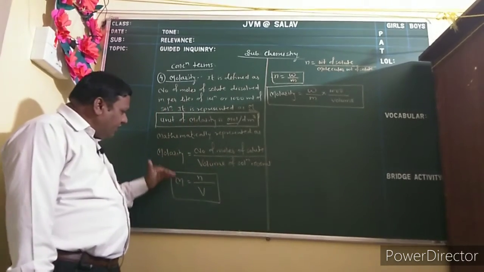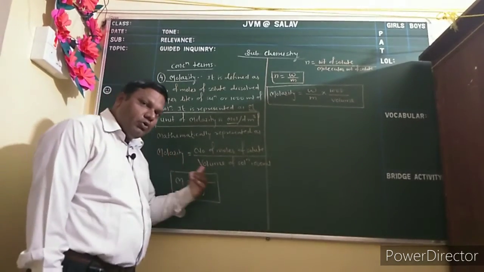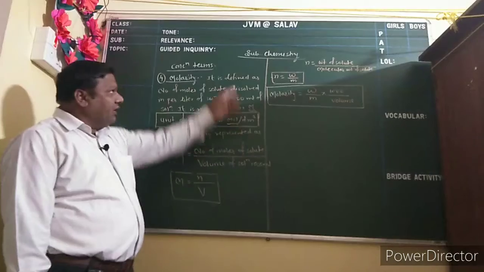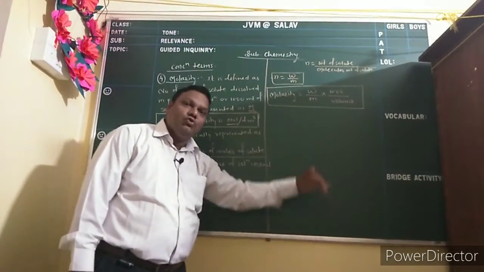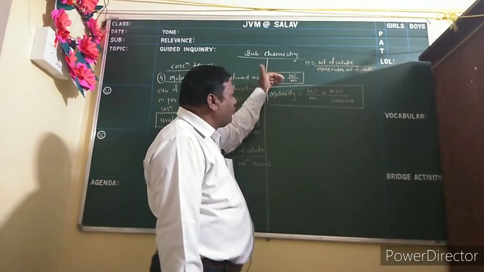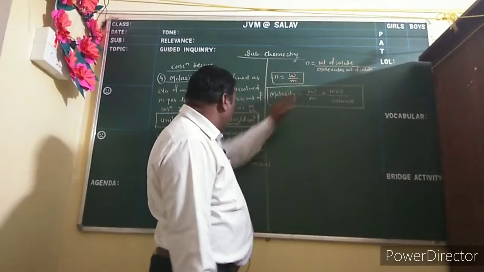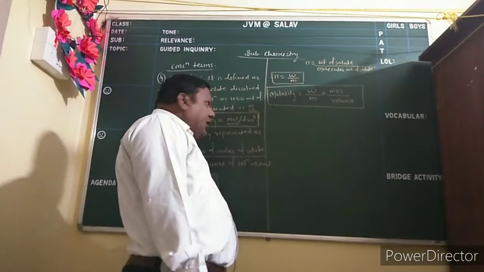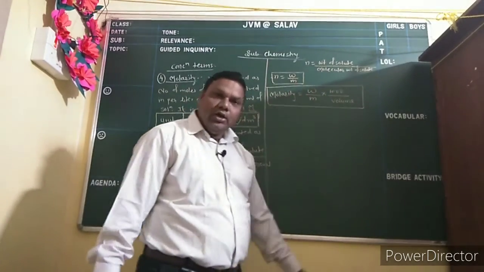So molarity is equal to small n upon capital V. Small n indicates number of moles, V indicates volume, and number of moles can be calculated as weight of solute upon molecular weight of solute. So small n is equal to small w upon small m. Put this value in the formula, and you will get small w upon small m into 1000 upon volume.